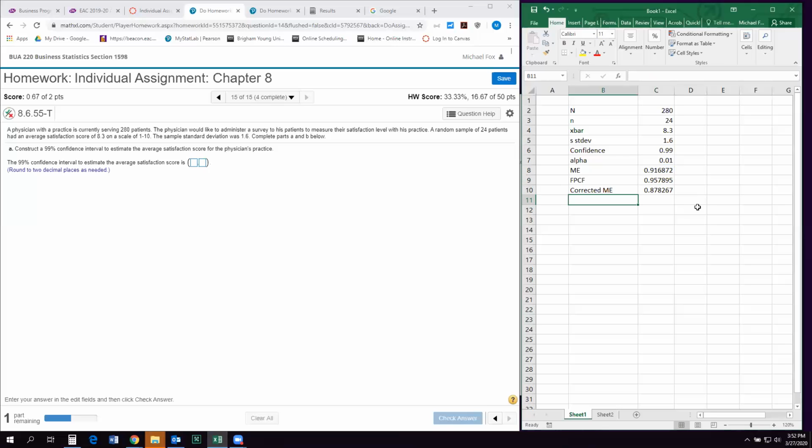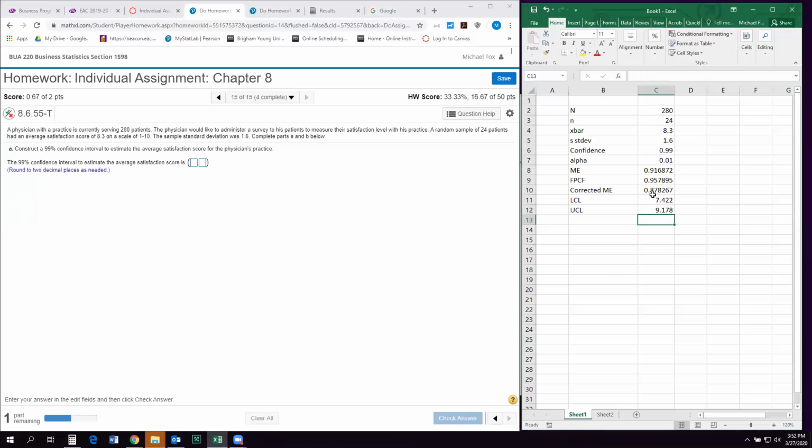And now that we know our margin of error, we can find our lower confidence limit and our upper confidence limit, which is just going to equal the X bar, or the mean, minus the corrected margin of error. And this is going to equal the mean plus the corrected margin of error.